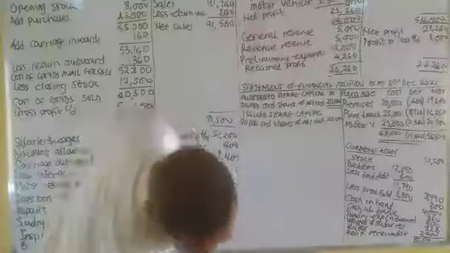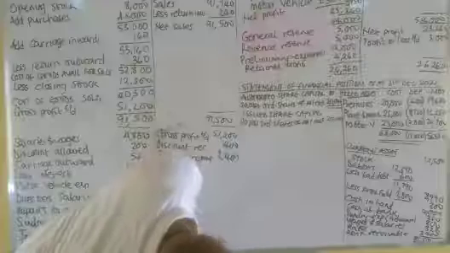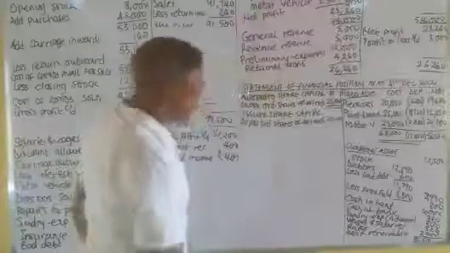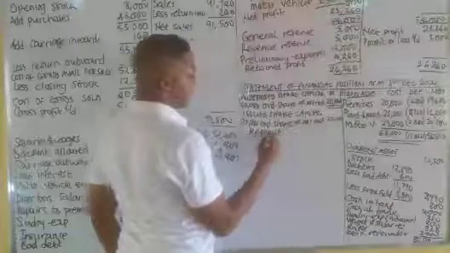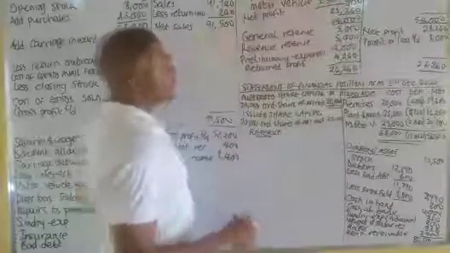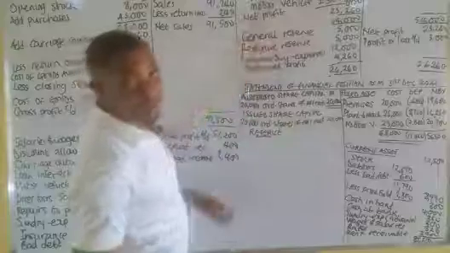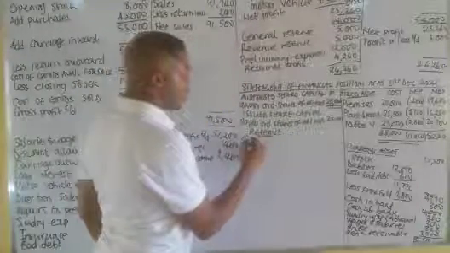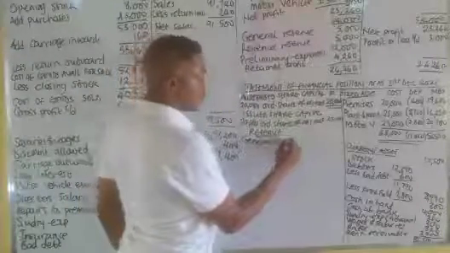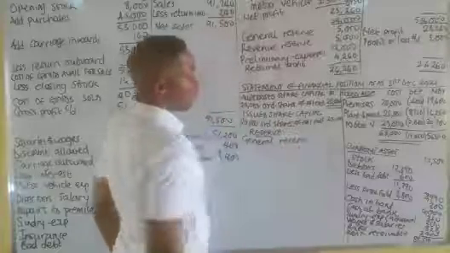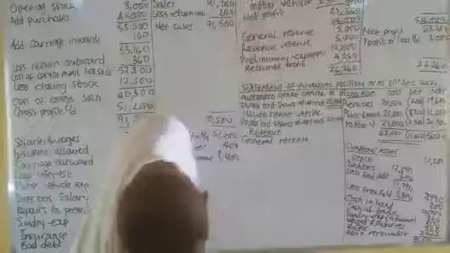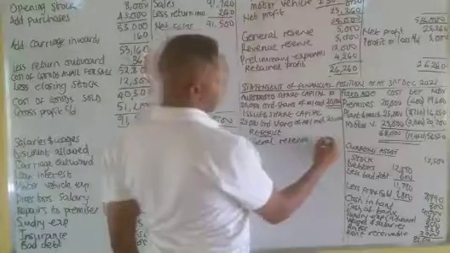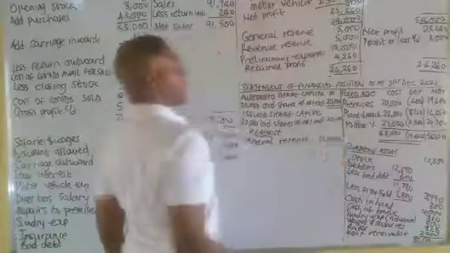Now the next one is our reserve. They say transfer to general reserve, the amount, remember, in additional information. So for general reserve, we are picking out the total, and the total is 13,000. That's 8,000 before plus 5,000.